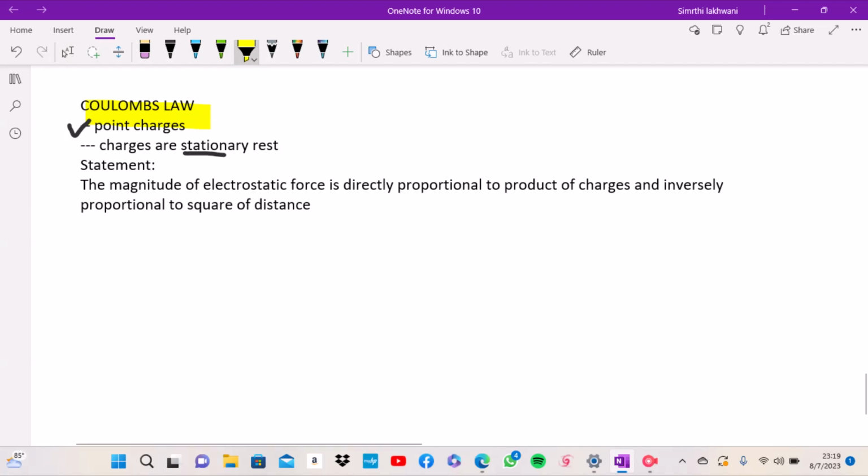Now let's look at the statement of Coulomb's law. The magnitude of the electrostatic force is directly proportional to the product of charges and inversely proportional to the square of distance. Now let's see what this law actually wants to state. Consider that we have two charges.